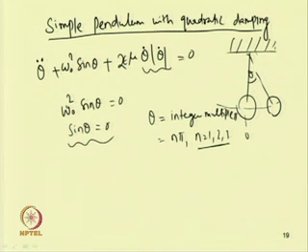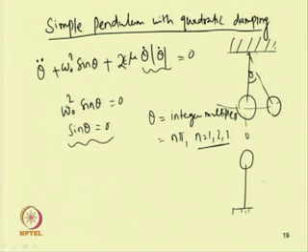So, it has two sets of equilibrium positions. One is when it is vertically downward, and the second is when it is vertically upward. This is the vertically upward position.